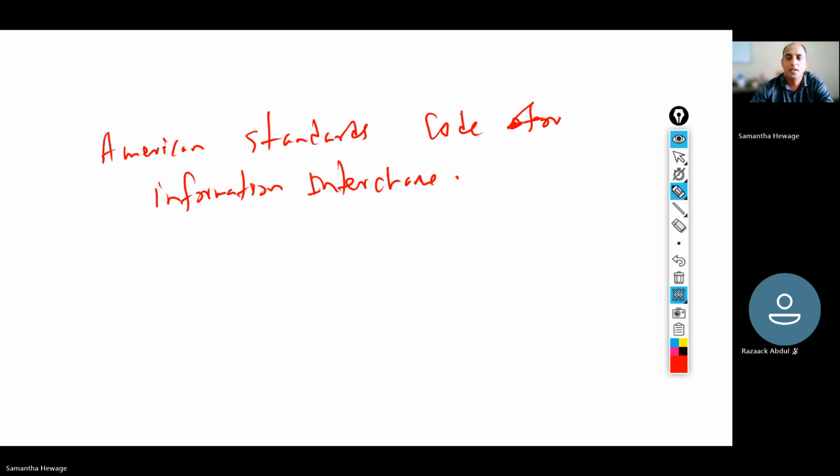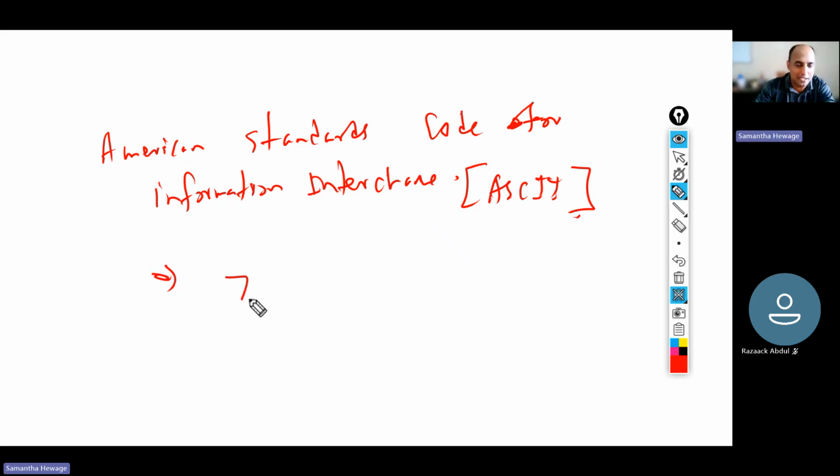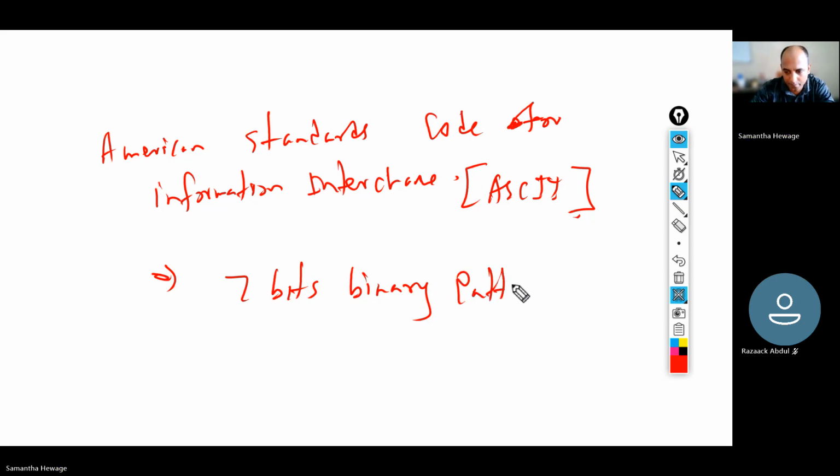Okay, this is ASCII code. How many bits are in the ASCII code? It is 7-bit. A 7-bit binary pattern. 7-bit binary pattern, ASCII code.